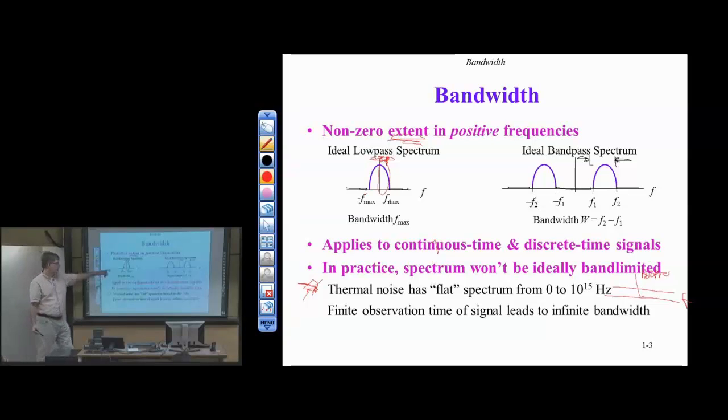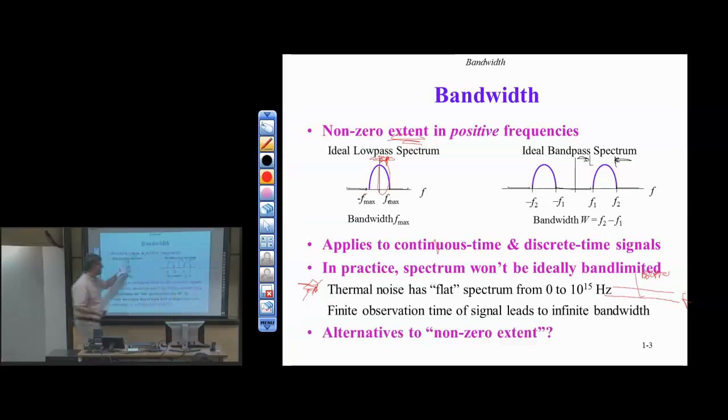We're not going to see this in practice. It would be nice, right? So if we're not going to see these ideal spectra in practice, we have to come up with some other way to measure this. Let's talk about some alternatives to this ideal non-zero extent.